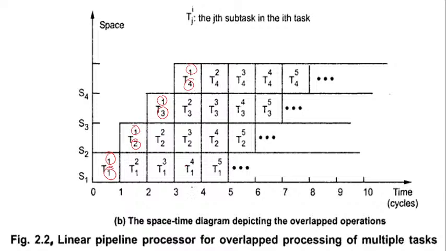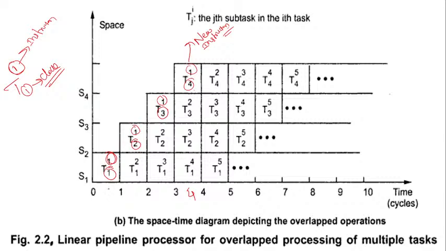This is the fourth clock pulse. At the end of the fourth clock pulse, a new instruction is executing. This is the upper part, where we represent the instructions, and here the base is the clock.